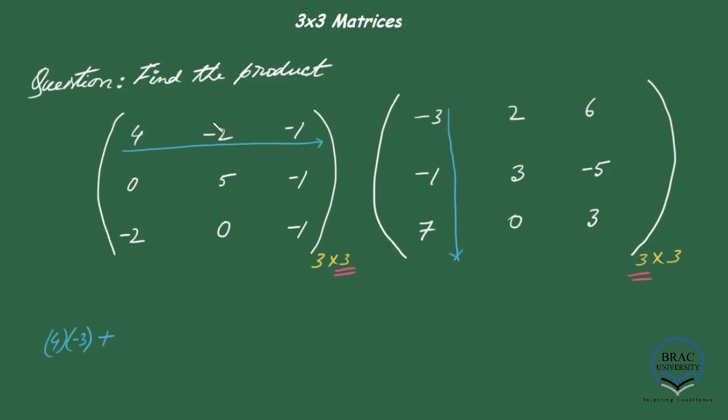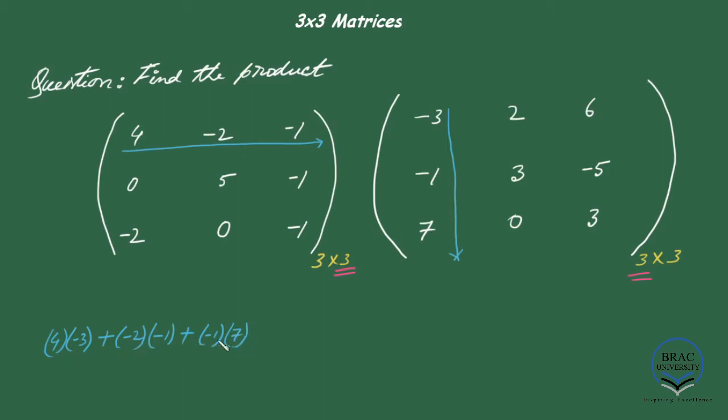Then we select the second entry of the row, which is -2, and the second entry of the selected column is -1, plus the third entry of this selected row is -1, and the third entry of the selected column is 7. We have to multiply them together. Then finally we just add all of them up.